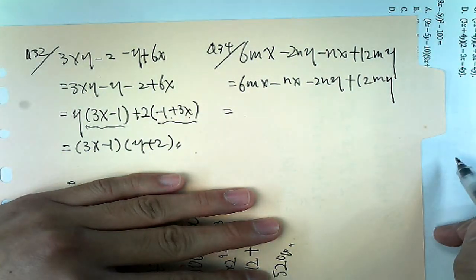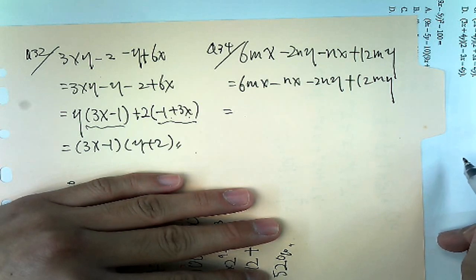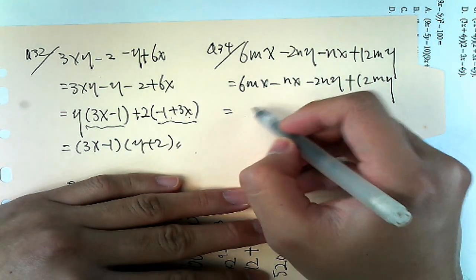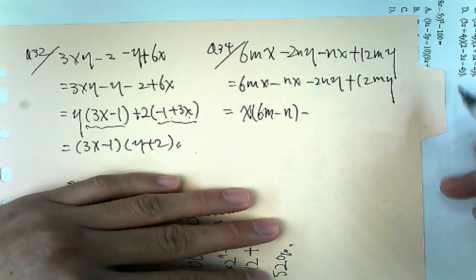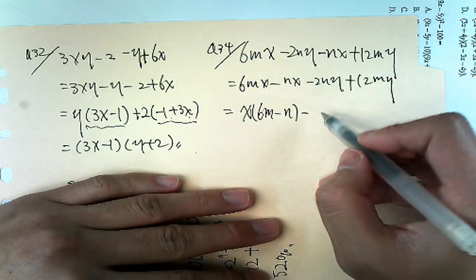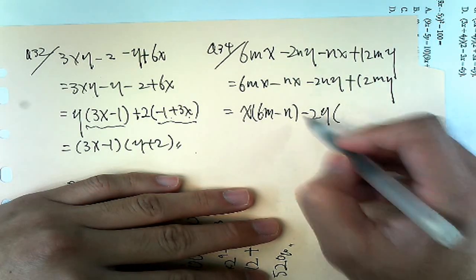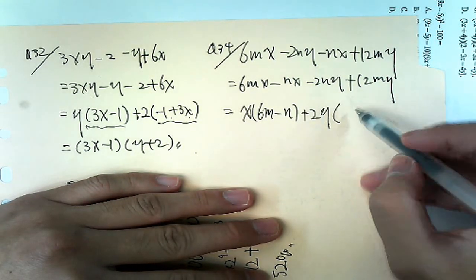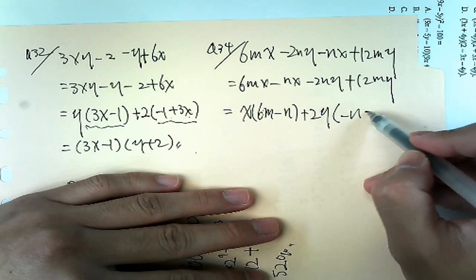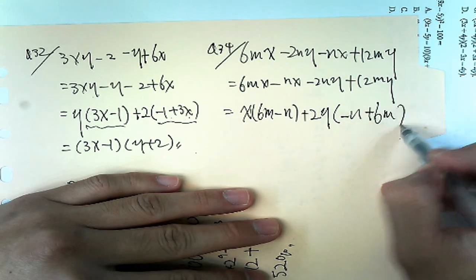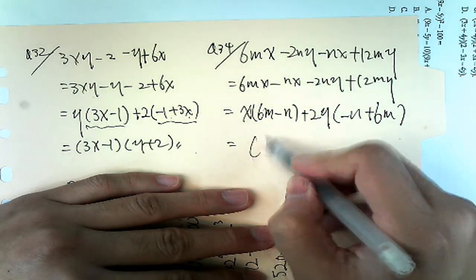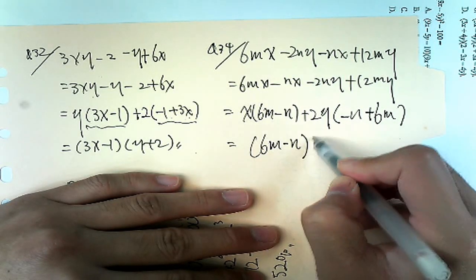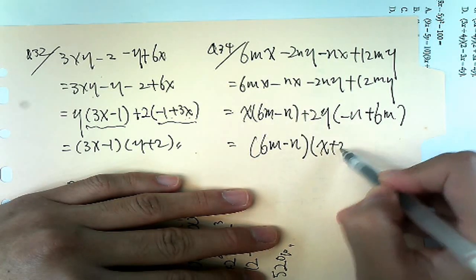When you change, you can still pull out something. Understand? For the first two terms you can pull out x, (6m - n). Understand? For the next two terms you can pull out 2y, I mean the positive. So what remains? -n + 6m. So actually these two brackets are the same. Understand? So you can just pull out 6m - n and then times the bracket (x + 2y).